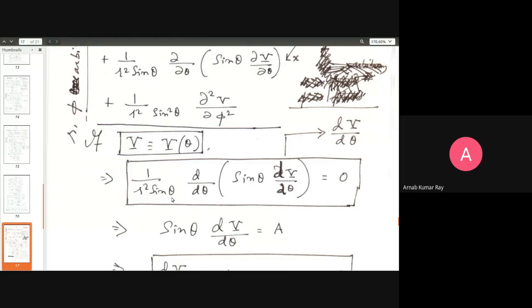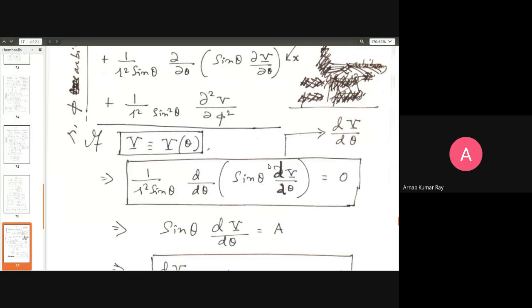That doesn't happen. Sine theta always varies between +1 and -1. Only when r goes to infinity can you have that possibility, but we are talking about any finite value of r. Therefore, 1 by R squared sine theta is not equal to 0. But that thing multiplied by this quantity is equal to 0, which means that d d theta of sine theta dV d theta is equal to 0.